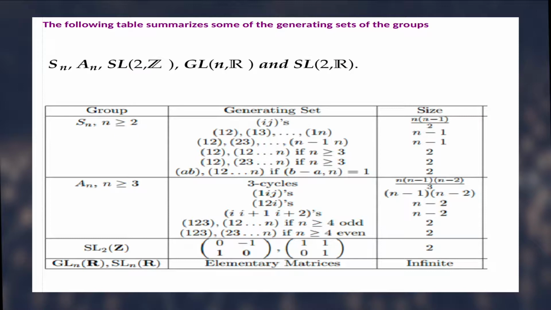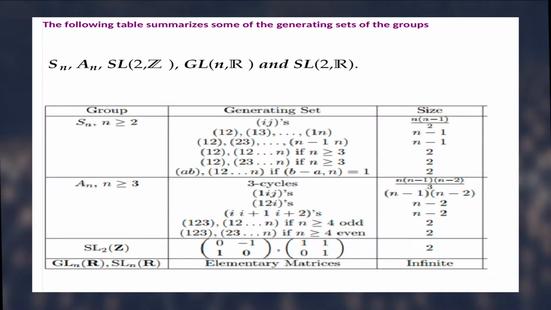We are seeing the group S_n, n greater than or equal to 2. If the generating set is (1 2) and (1 2 ... n), if n is greater than or equal to 3, then the size is 2. Next, you try to tell: (1 2) and (1 2 ... n)... the size is, yes, you are right, this is also 2.